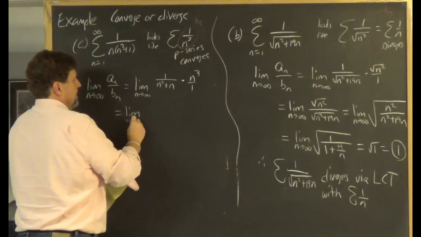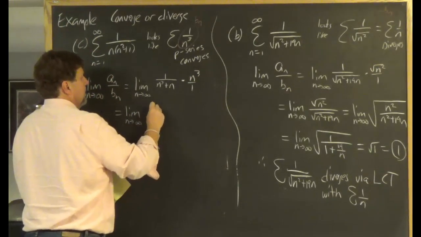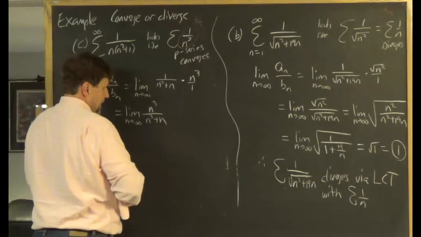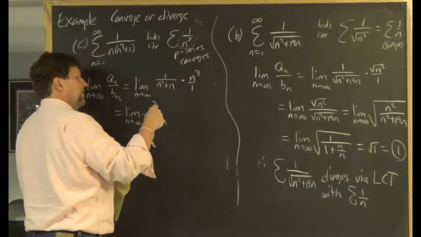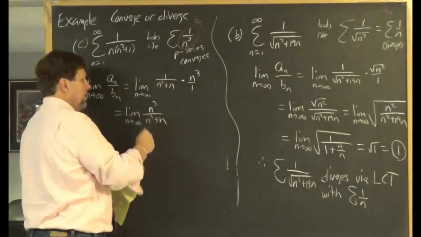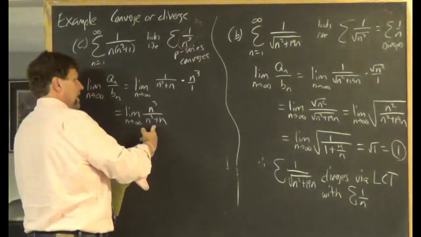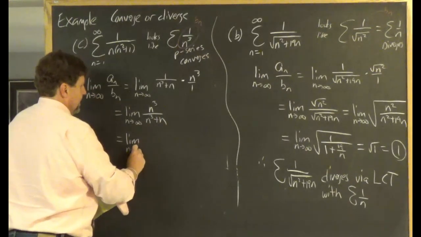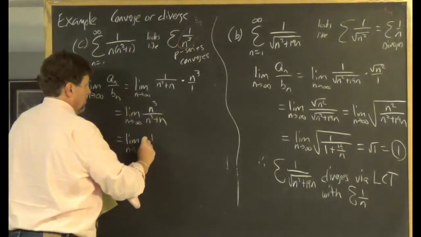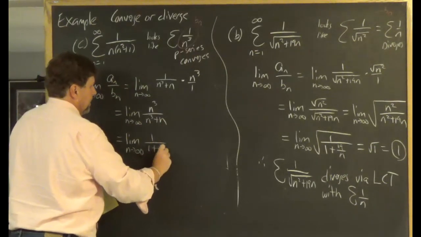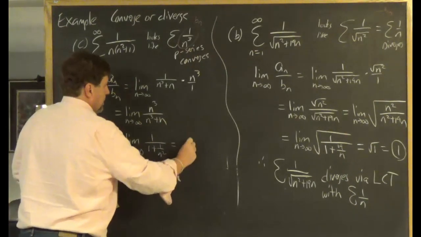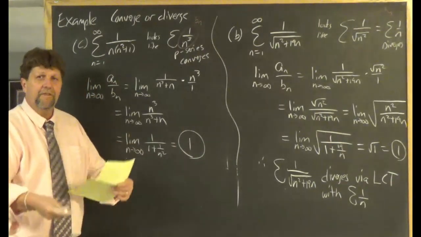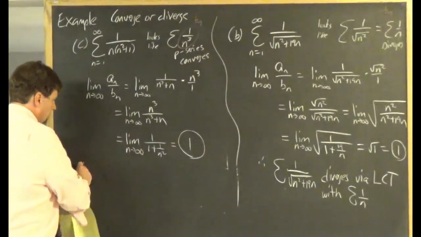So we have the limit as n heads off to infinity of n cubed over n cubed plus n. I'm going to divide everything in the numerator by n cubed and everything in the denominator by n cubed to get the limit as n goes to infinity of 1 over 1 plus 1 over n squared. That limit is 1, which is definitely finite and positive.